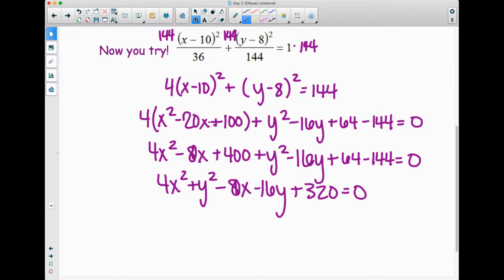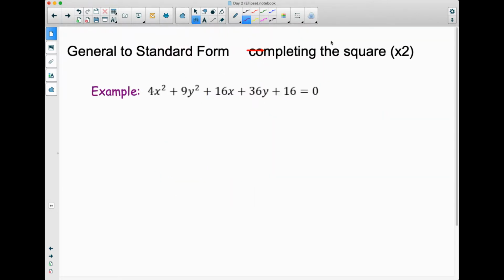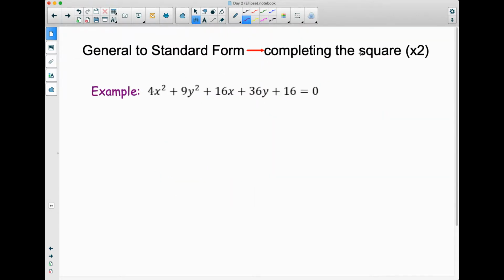All right, so let's go the opposite direction. Okay, so we are going to complete the square twice. We're going to first move everything together with an X and then everything together with a Y. And remember, completing the square with a leading coefficient is a little bit different.